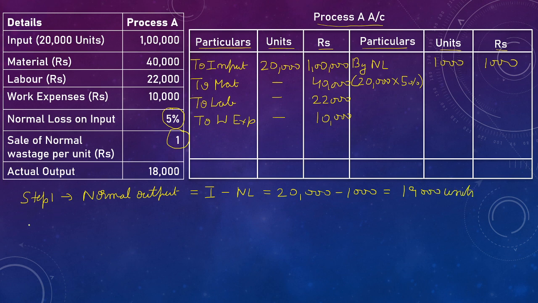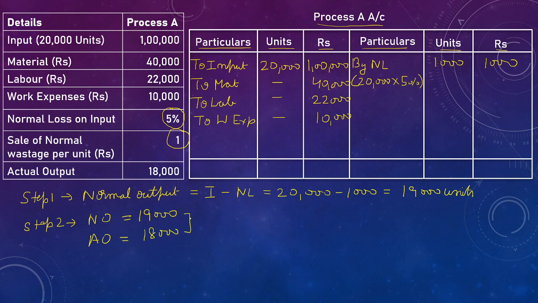In the second step, we have to compare normal output and actual output. The normal output which we calculated in step number 1 is 19,000 units, and the actual output given in the question is 18,000 units, which is less than the normal output.